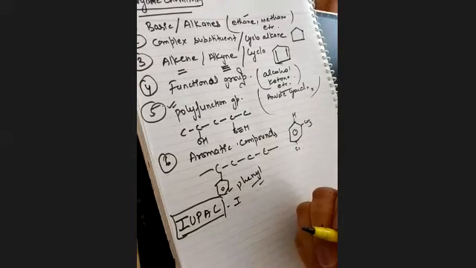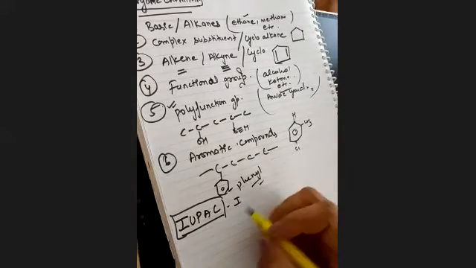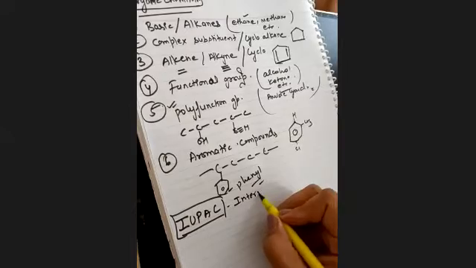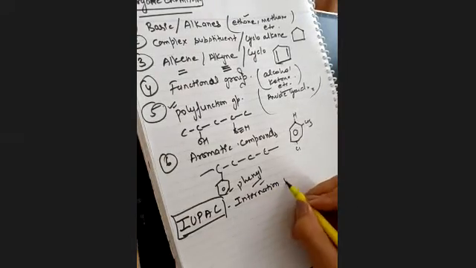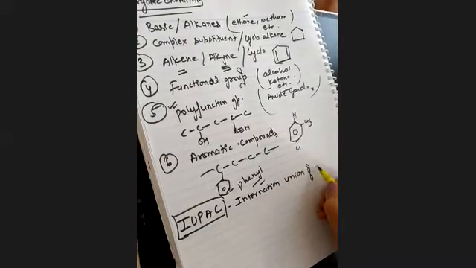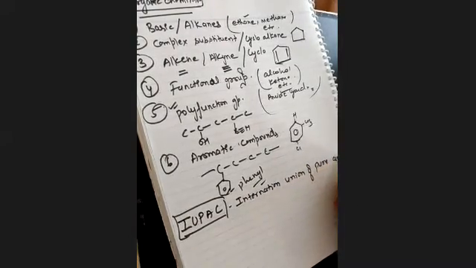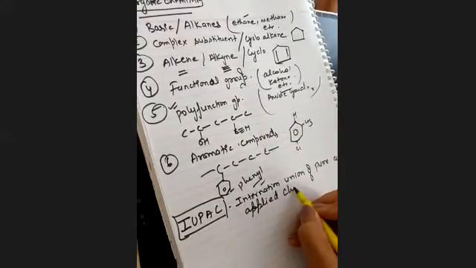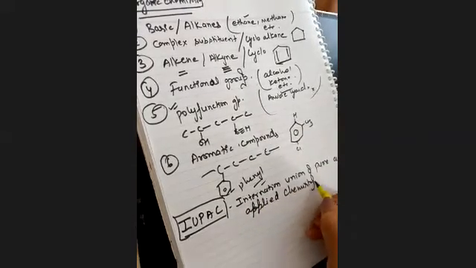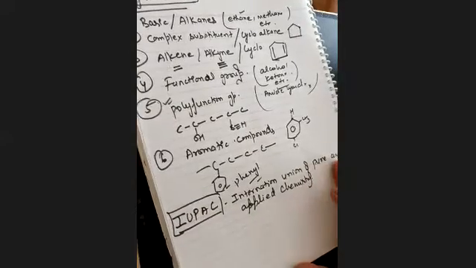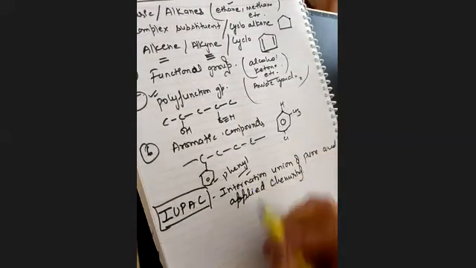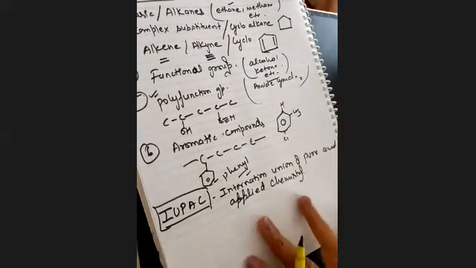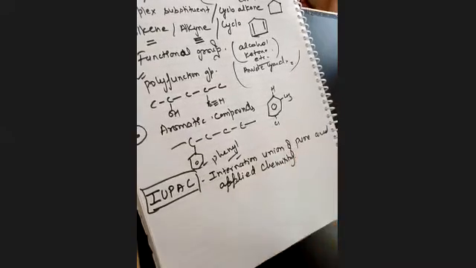International Union of Practical and Applied Chemistry. Yes, perfect. International Union of Pure and Applied Chemistry. I think you all are familiar with the organic chemistry. I mean, it means like nomenclature. आप लोगों ने 10th में भी किया होगा. Okay, but still I'm teaching you from the basics.